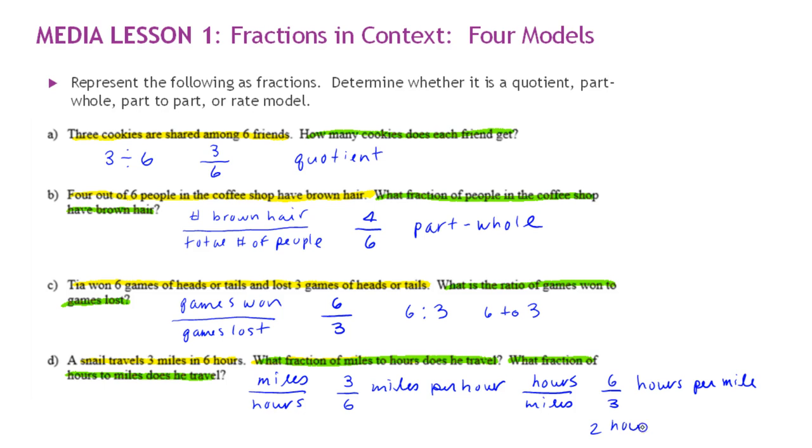So 2 hours to go 1 mile. And here we interpret it as 1/2 mile per 1 hour. Okay. So notice they're representing 2 different things, and there's 2 different ways we can interpret it. This is telling us the time to go a single mile.